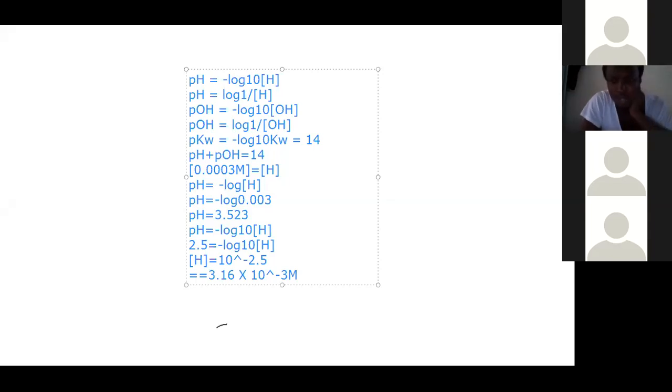So the phrase will just tell you that the solution is acidic. Take Avogadro's constant to be 6.2 times 10 to the power 23 particles per mole, or entities per mole. Start work. That will be our final question.